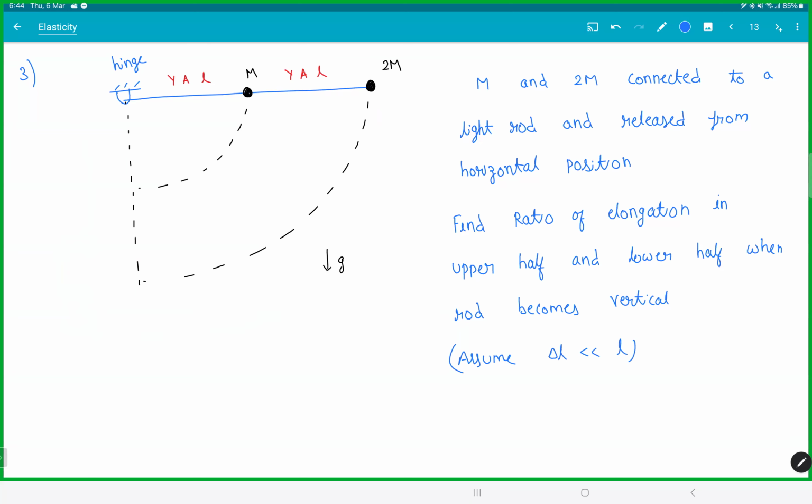You can neglect the change in length, but it is there. It's not that straightforward.